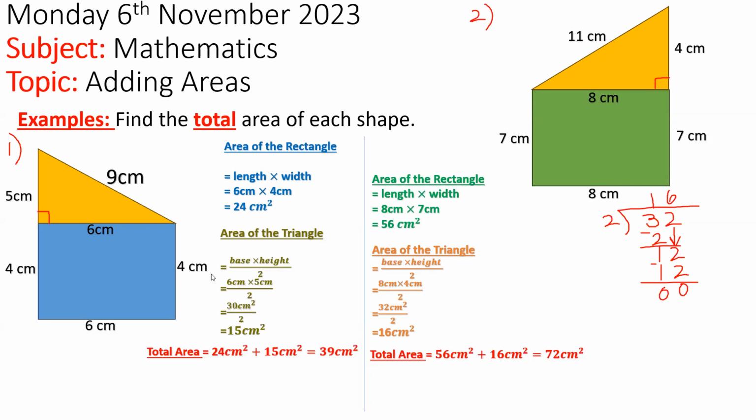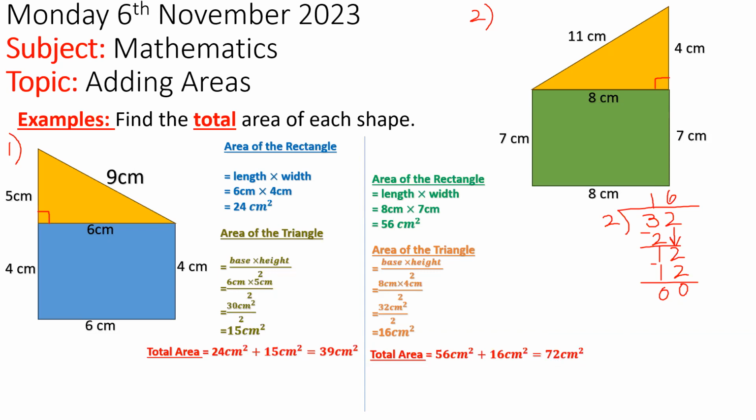Akiro, are you there? Yes, sir. Do you understand how we got 72? Yes, sir. How about you, Ajani? Do you understand how we got 72 centimeters squared? Yes, sir.